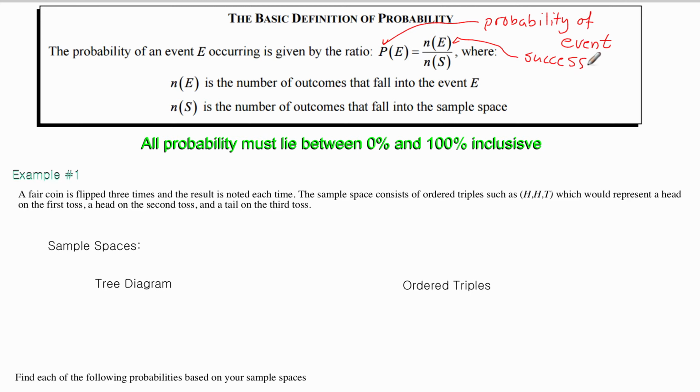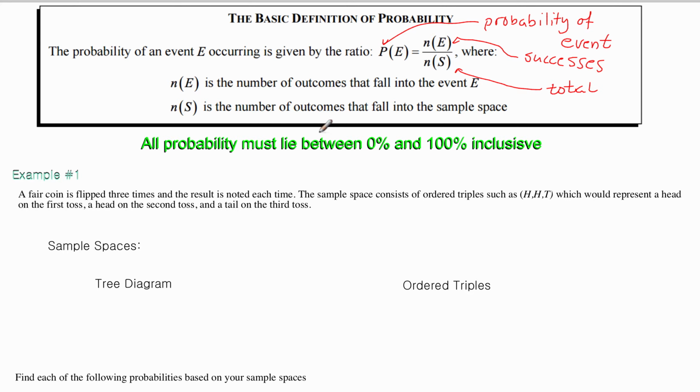This is what we're looking for. We're looking for something to happen. Those are the successes, and n of S is the number of outcomes in the sample space. I called this the total.